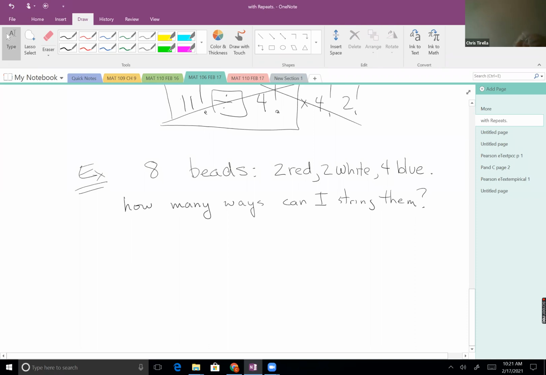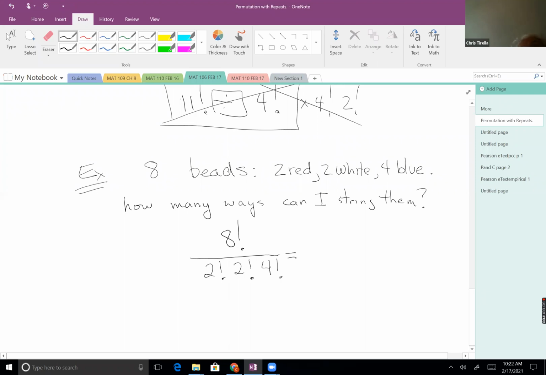How many are there altogether? 8. So if they were all different, it would be 8 factorial. But they're not all different, are they? Some are the same. What's the same? 2 red, 2 white, 4 blue.